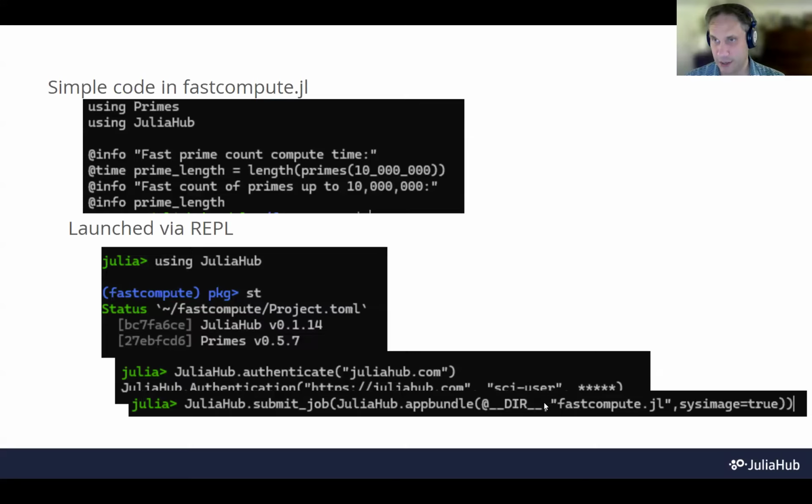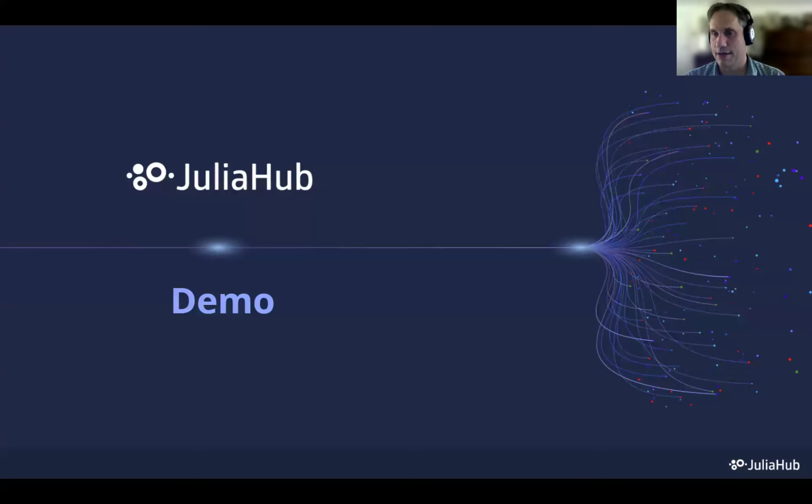This is the entry point, I like to call it, or the main.jl, or whatever your insertion code is. And this is the final one: sysimage equals true. This is it. If I have that active or I don't, that literally determines whether or not I'm using Sysimages. Let's see here. So now I'm going to do the demo.